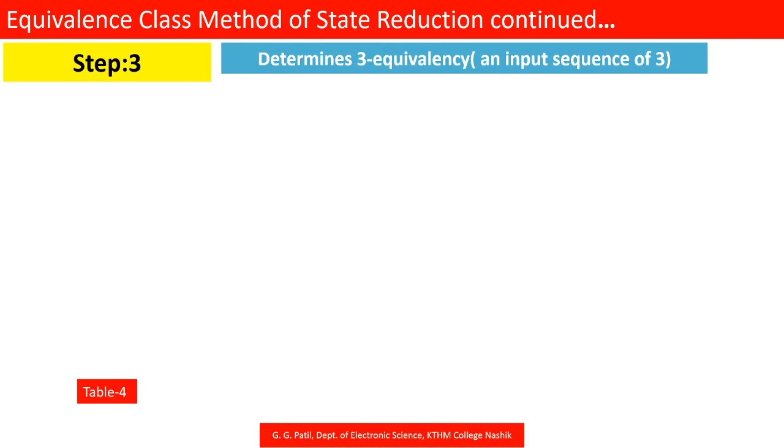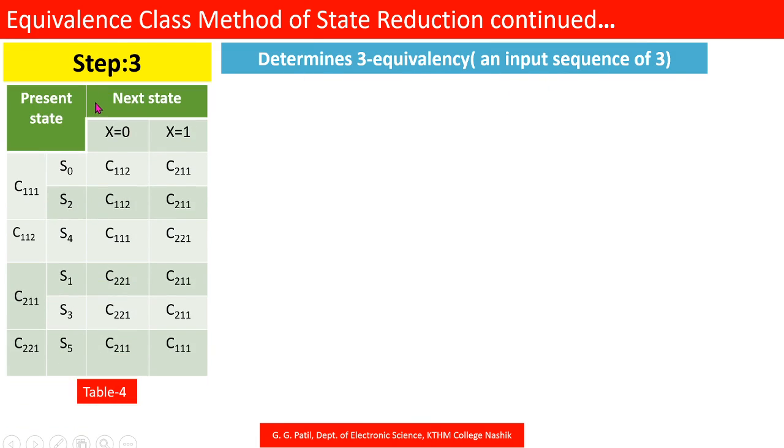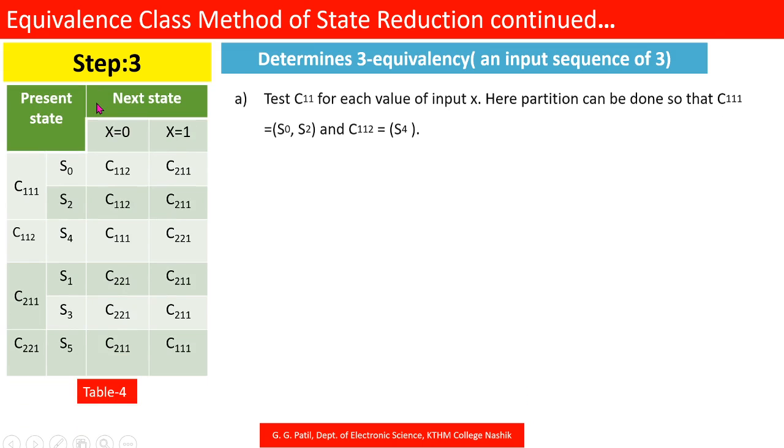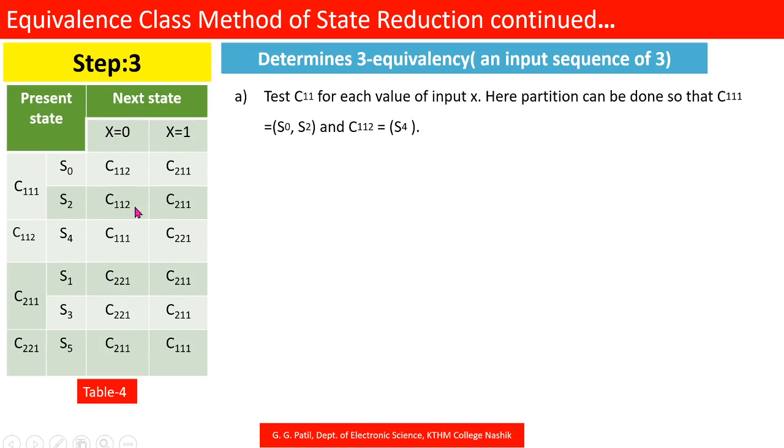Now we proceed to the three equivalency classification, step 3. Again try to partition that two equivalency next class table if possible.